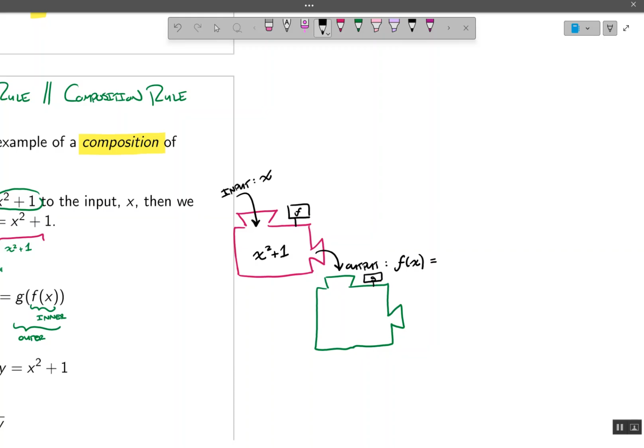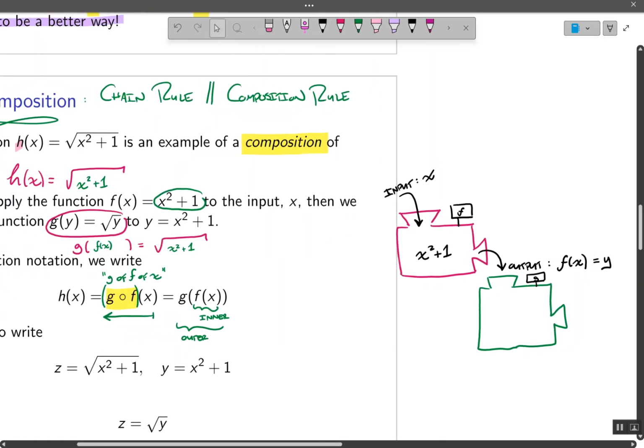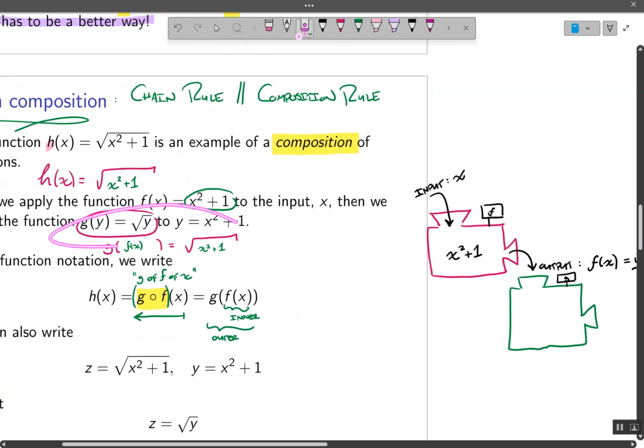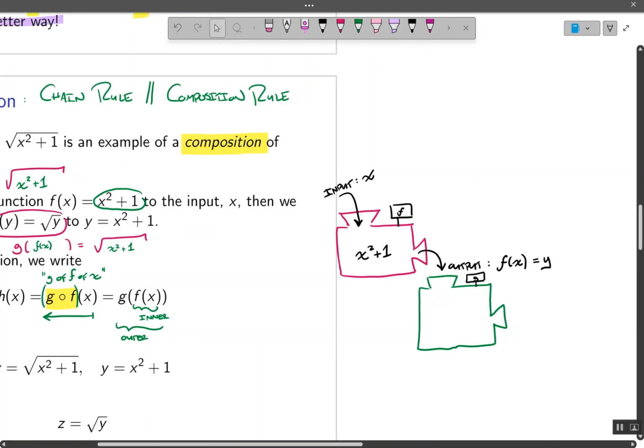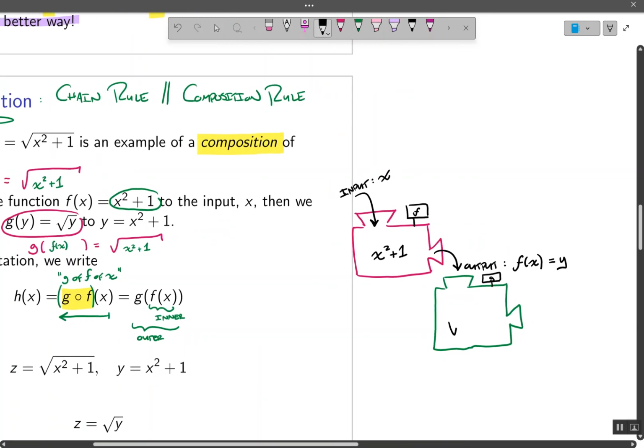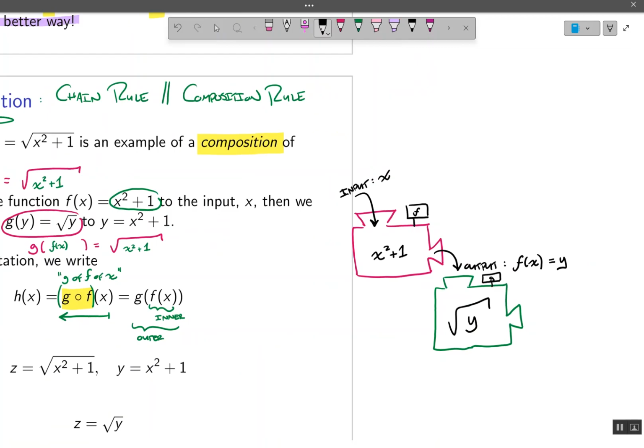We can also give this f of x a different name, y, because over here, this function was in terms of y. So g of y says just take the square root of your input. And then what comes out is this number called g of y.